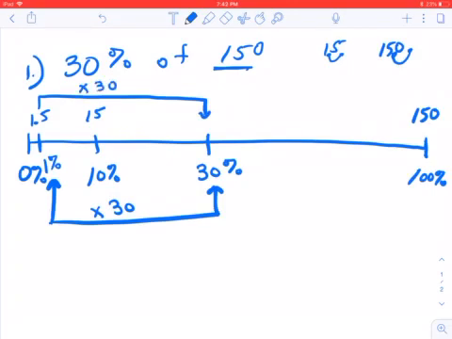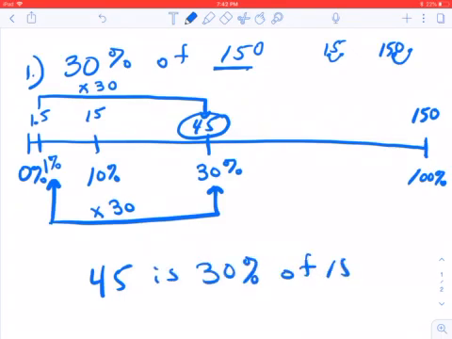Go ahead and take your calculator out and see what that comes out to. Okay, sure enough, 45. So now we know that 30% of 150 is 45. That's your answer. 45 is 30% of 150.